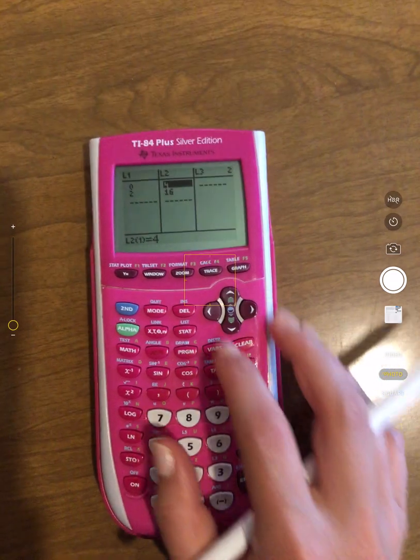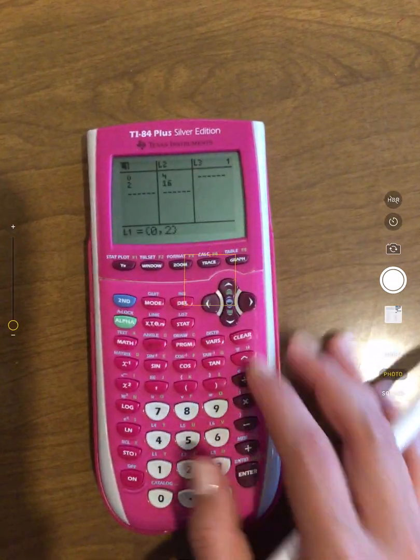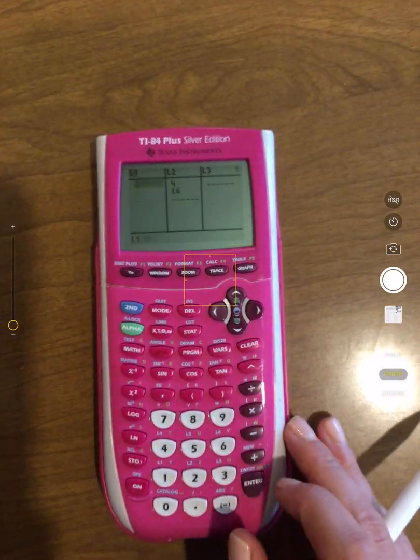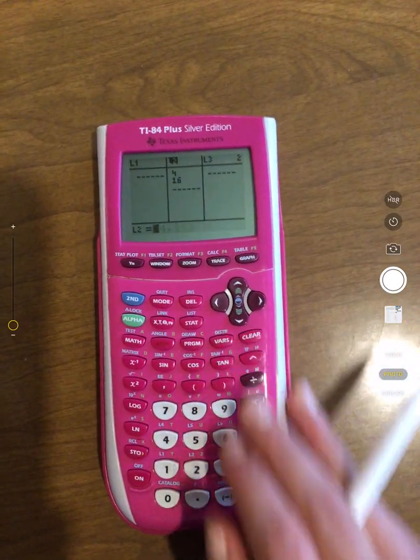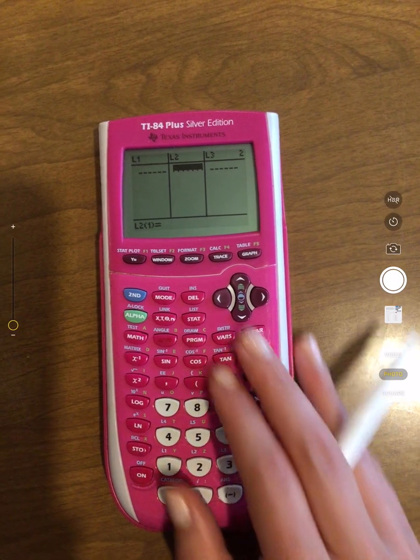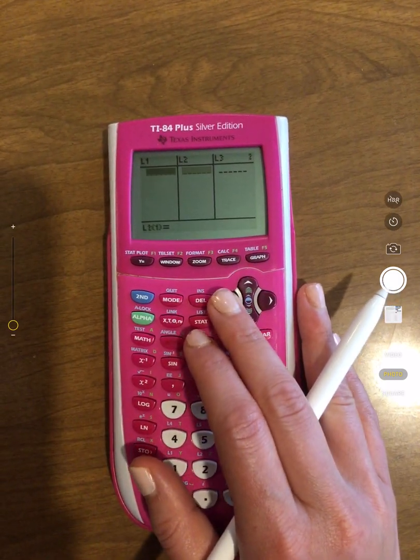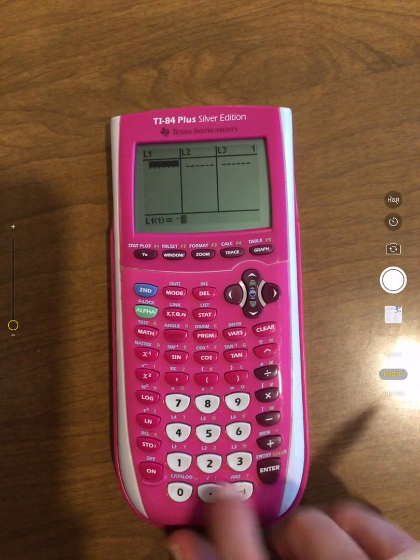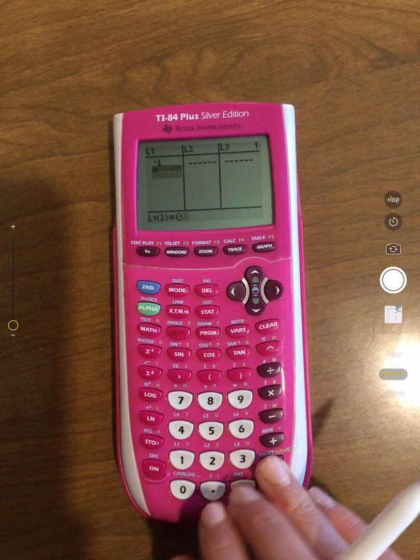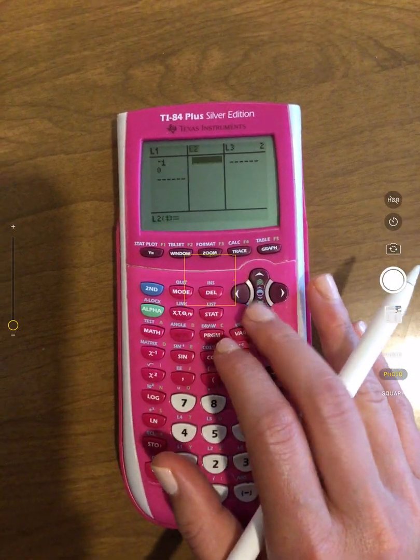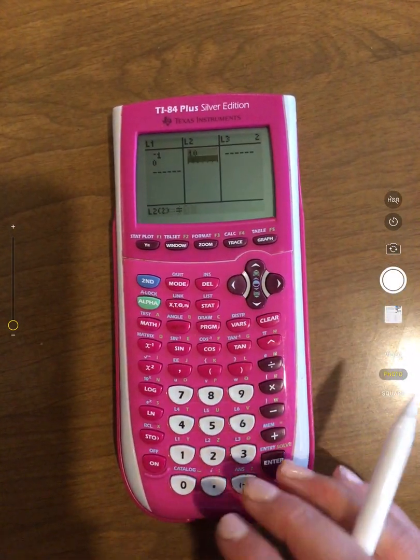We have something in our list, so we scroll over to the heading, hit Clear, Enter. Scroll over to the right, highlight the heading, Clear, Enter. So we had -1 and 0, and we had 10 and 5.